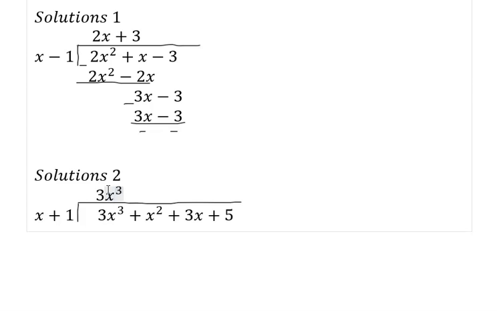You'll be left with what? 3x squared. Beautiful. Now you multiply 3x squared times x that you have here. 3x squared times x will give you what? 3x cubed.